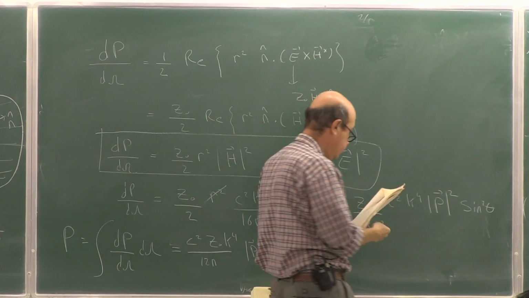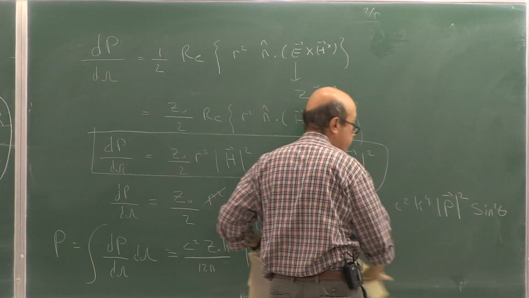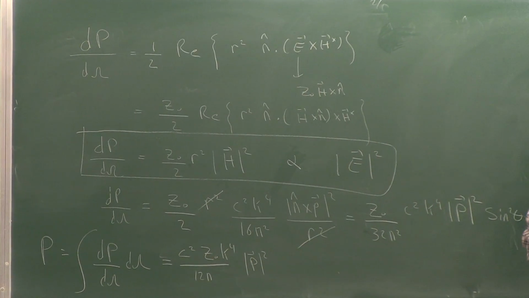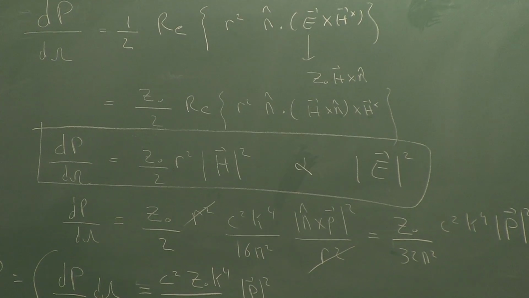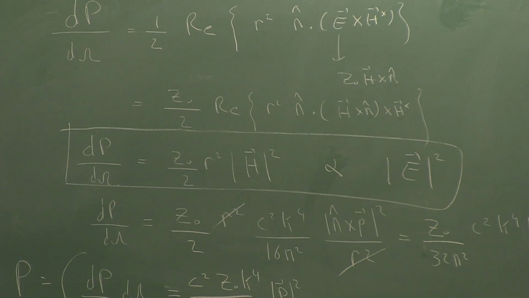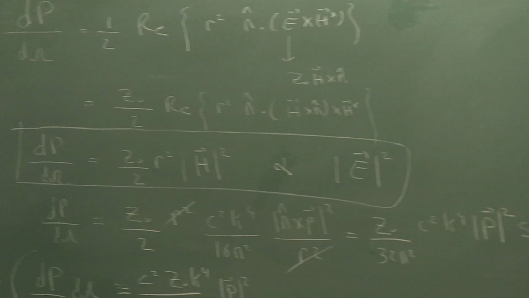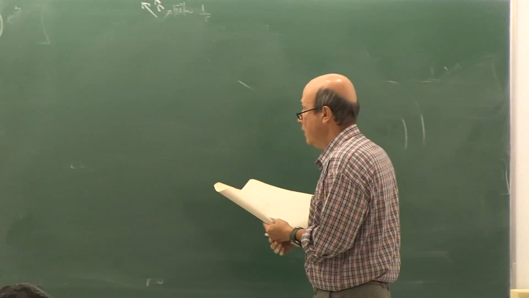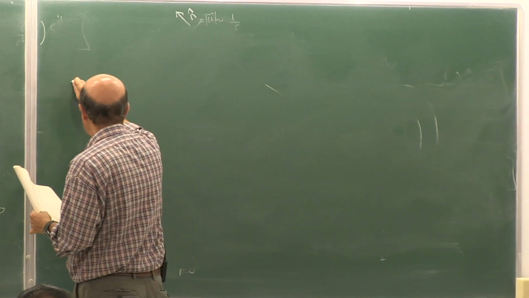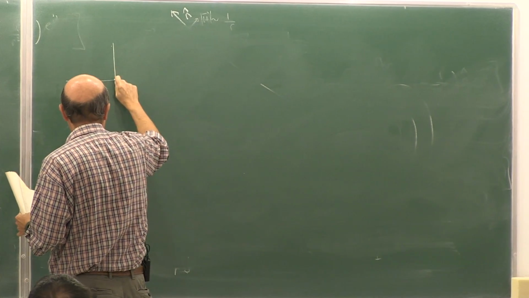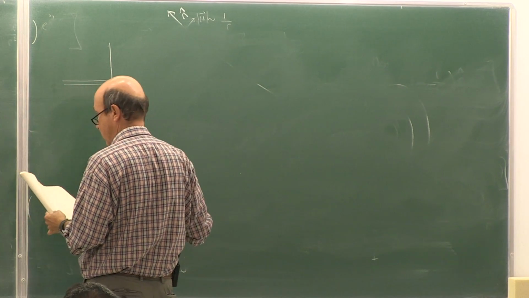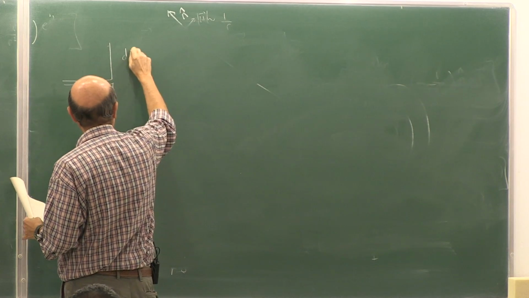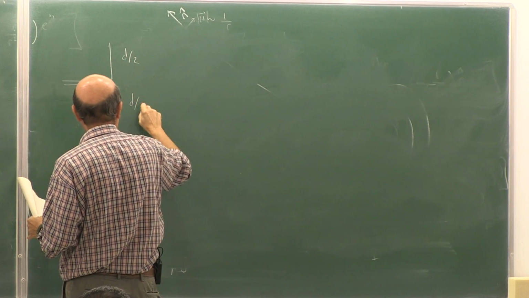So let me do a quick example for the calculation of the electric dipole moment and the emitted power. This typical example is the center-fed antenna. So suppose that you have an antenna and you have an oscillating current. So the geometry is d over 2 and d over 2, up and down.